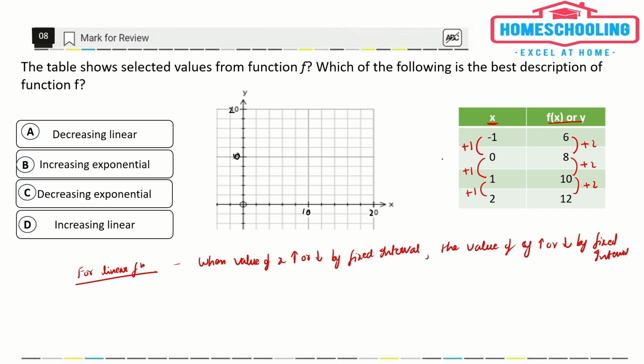As we can see here, when the x value is increasing by 1 unit, the f(x) value is increasing by 2 units. So we can say that this table is a linear function.